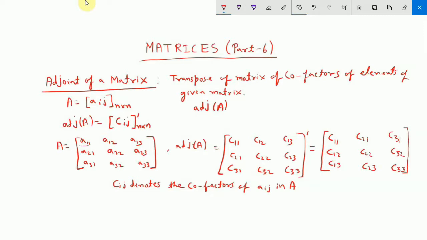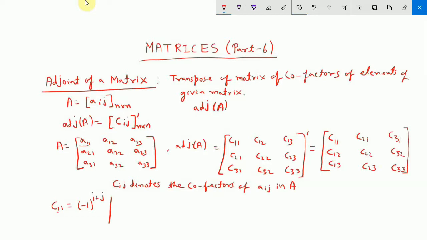Okay. So we will write C11 is equal to minus 1 to the power i plus j. Here in this case i will be 1, so 1 plus 1, it will become minus 1 to the power 2.